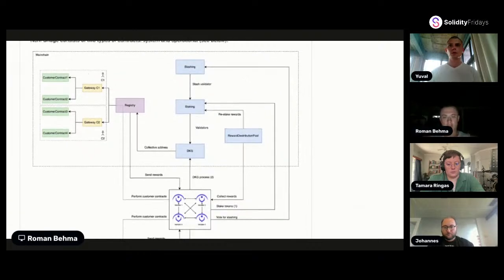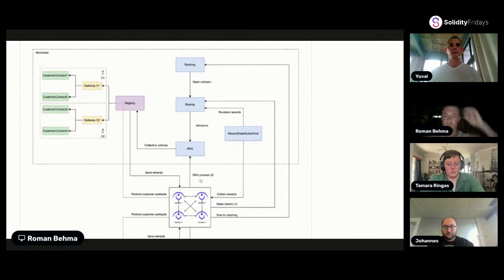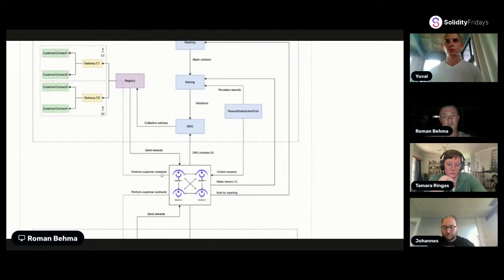So basically, if you have a workflow and your workflow contains a transaction inside, when the time comes to execute this transaction, the Nerif network goes through all the security things, threshold ECDSA and so on, prepares the transaction, and then sends it to the registry contract.